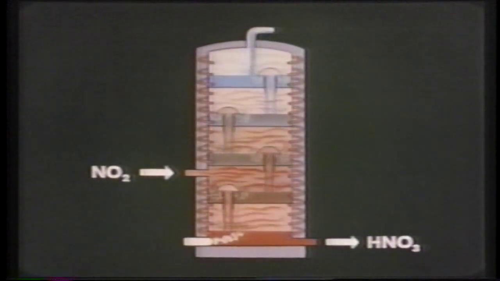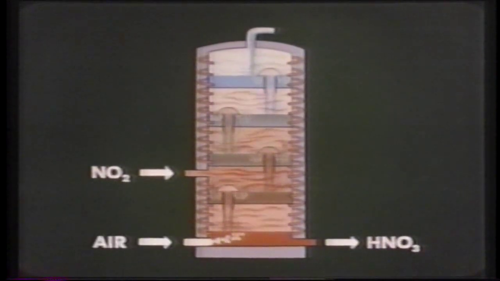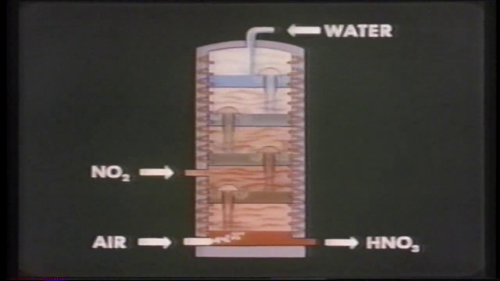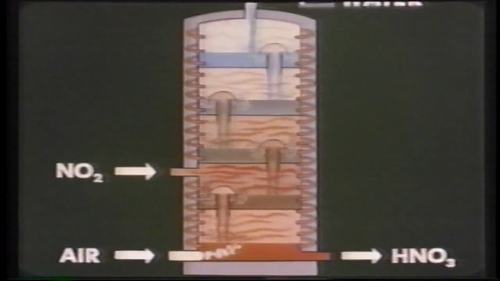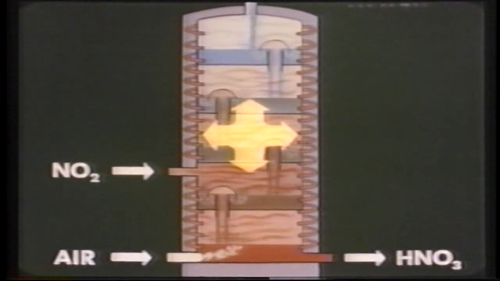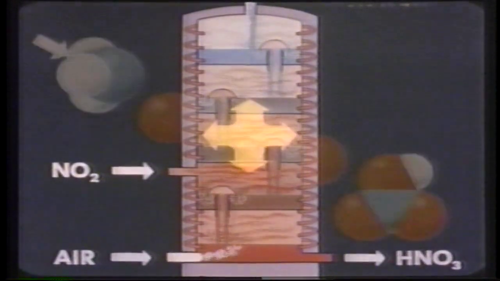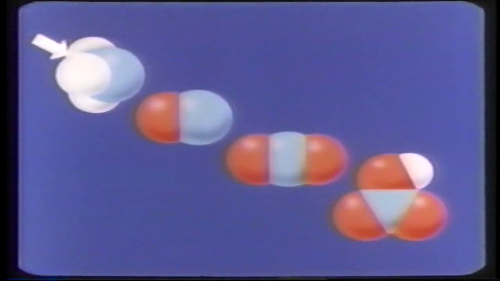Cooling coils surround the column. Also, the reactants are kept at high concentration by adding excess air at the bottom of the column and water at the top. And finally, since we are forming a liquid from gases, the operation takes place at higher than atmospheric pressure.